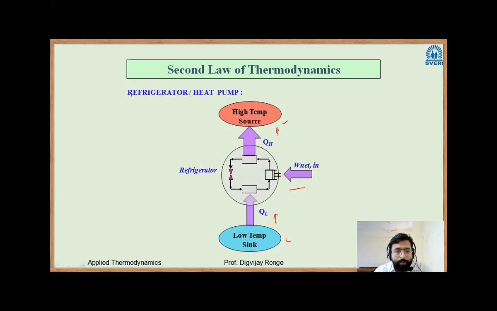Yes, does anybody remember? What is the difference between a refrigerator and a heat pump?